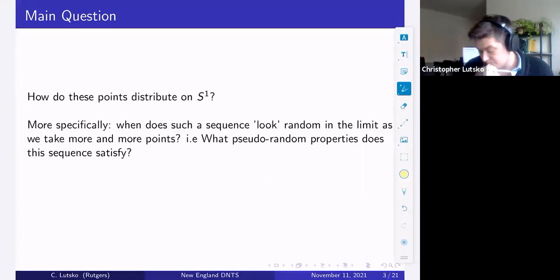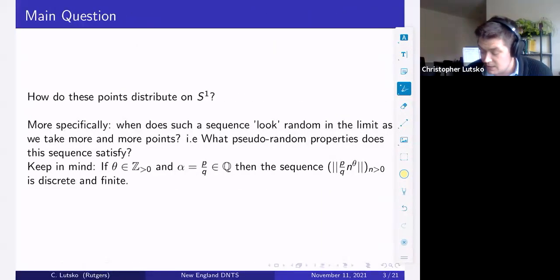Now there's one example which I want to set aside for this talk, because we're never going to find pseudo-random properties for this example. And that is, if my exponent theta is an integer and my dilation alpha is rational, then this sequence, n to the theta times p over q mod 1, well, these are going to be fractions with denominator q.